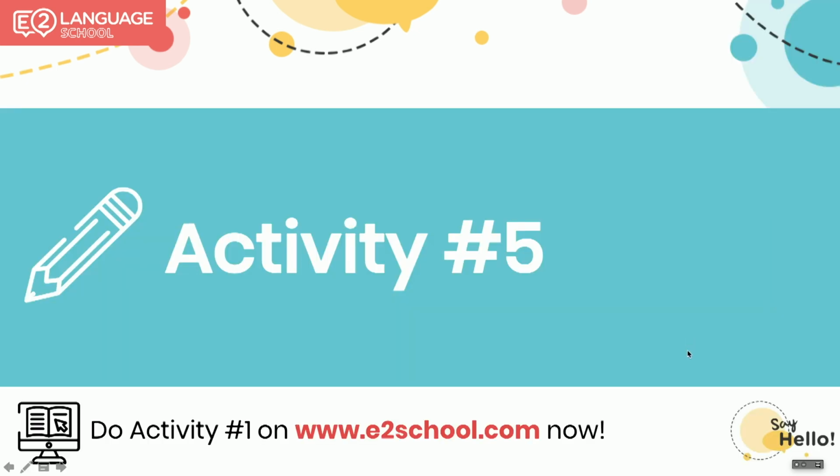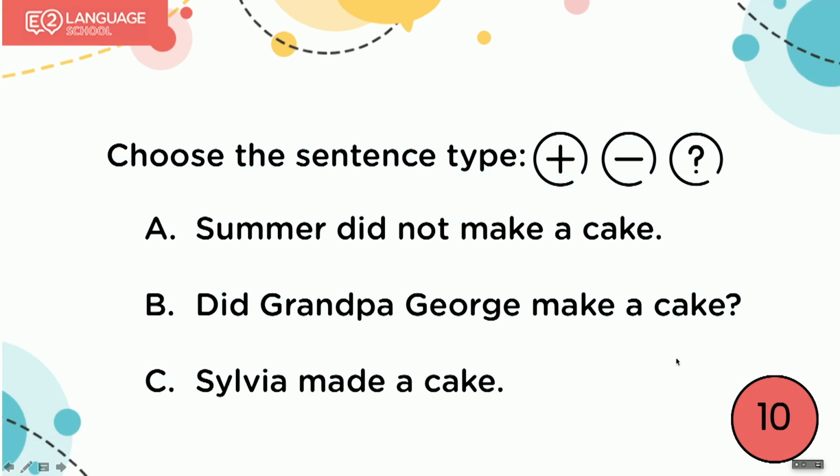Okay, let's do activity 5 on E2 School. What I want you to do very quickly is read each of these sentences and tell me which one is positive, which one is negative, and which one is a question. Okay.